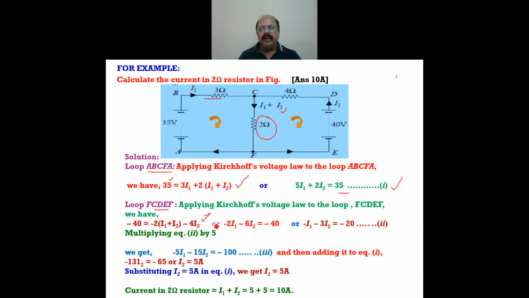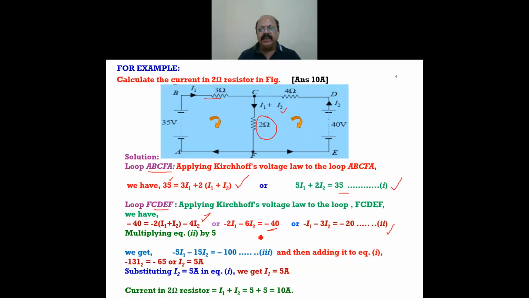Open the bracket and solve it: minus 2 I1 minus 6 I2 equal to minus 40, which is 2 I1 plus 6 I2 equal to 40. Divide by 2, then you will get minus I1 minus 3 I2 equal to minus 20. Mark this equation number 2.